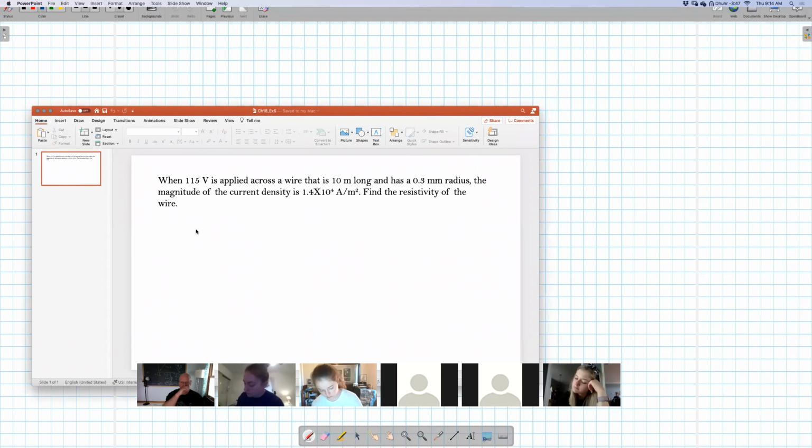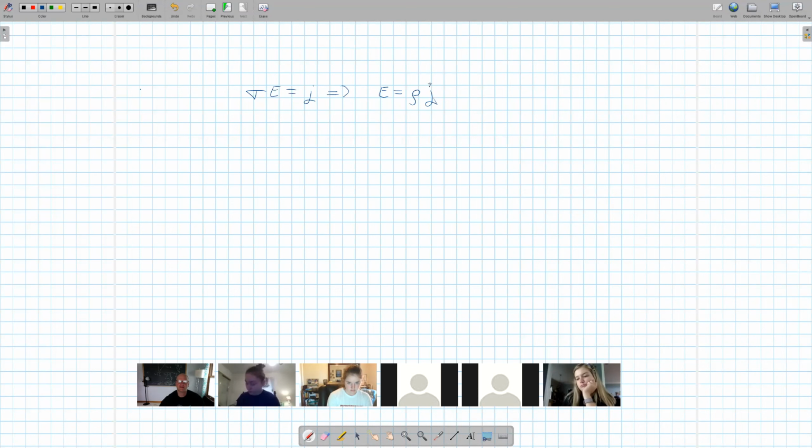We want to know what is the resistivity of the wire. Well, we now know that the conductivity times the electric field is equal to the current density, or this is the same thing as the electric field is equal to the resistivity times the current density.